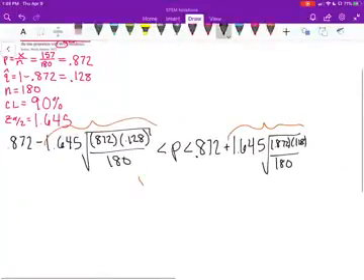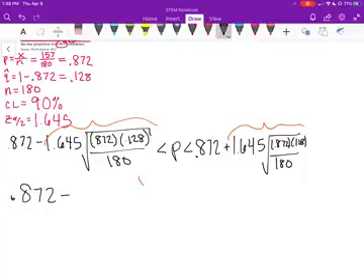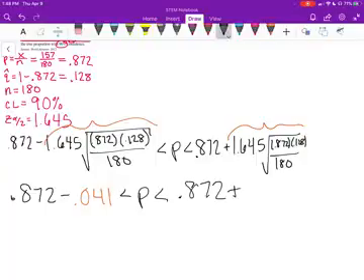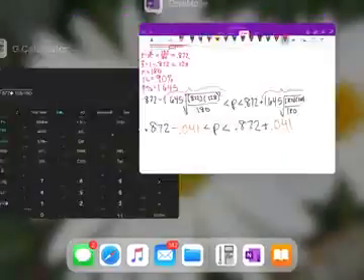So then we have 0.872 minus 0.041, which is less than p, which is less than 0.872 plus 0.041. Let's plug that in our calculator to see what we get.